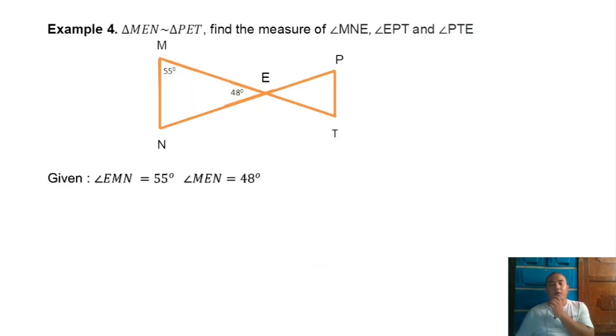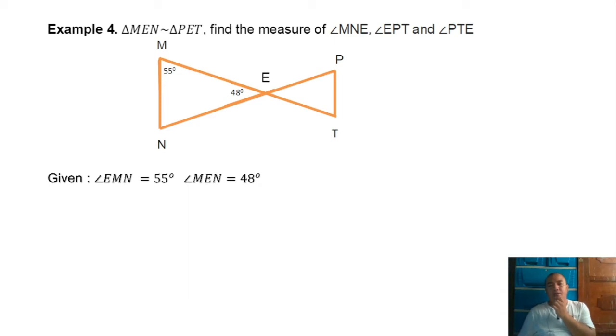Example, triangle MEN is similar to triangle PET. Find the measure of angle MNE, angle EPT, and angle PTE. Given angle EMN is equal to 55 degrees.